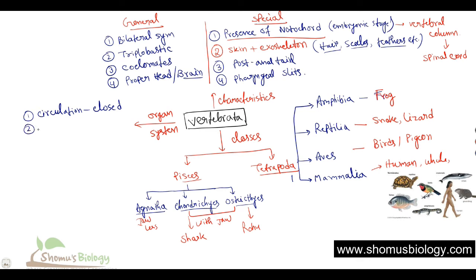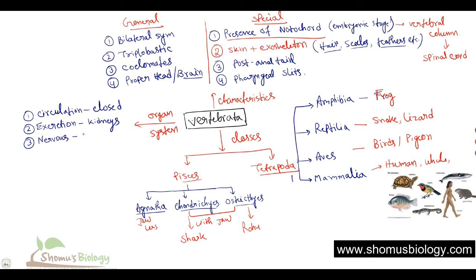Second thing, the excretory system. Kidneys are involved in osmoregulation and excretion. Number 3, nervous system. The nervous system is again fully formed.